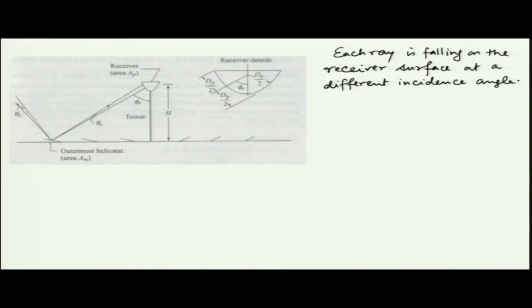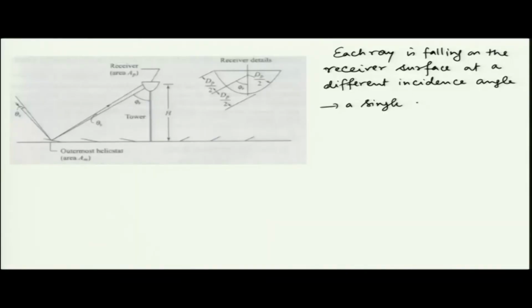Earlier we have seen for the plates and other receivers we have a constant incidence angle, right. But here you can see all these different reflectors are putting the rays back into the receiver, and the incidence angle is continuously changing for each of the heliostat contributions.